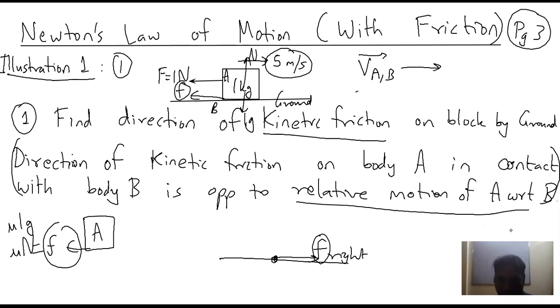In this case, we'll take the next page. On the next page, we have question number 2, illustration number 2 of our class notes. It says, all surfaces shown in the figure are rough. Draw the friction force on A and B. We are given 2 blocks.